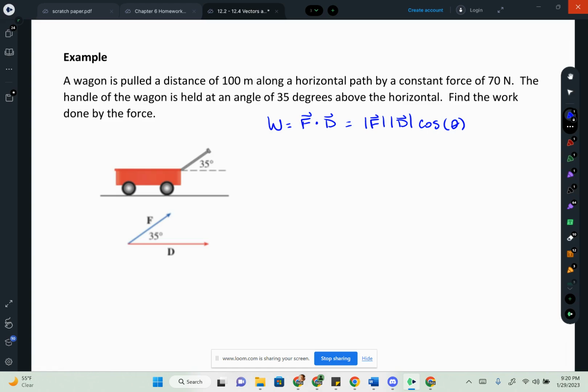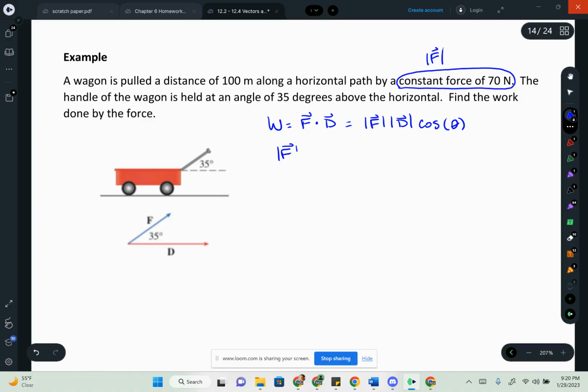Now, it looks like we have been given the magnitude of force. When we're told that there's a constant force of 70 newtons, we're being told the magnitude. So the magnitude of force is equal to 70 newtons. We are also told theta is equal to 35 degrees.